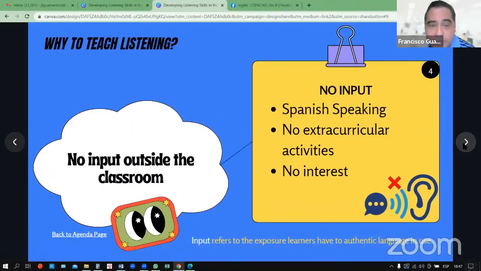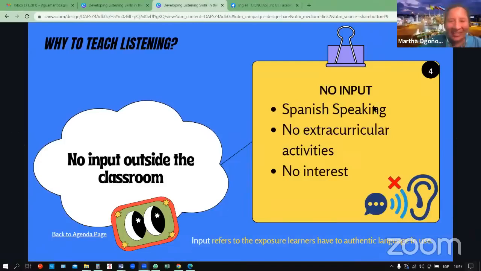Another reason why to teach English. That's the difference, when we have the opportunity at a congress to talk with our colleagues from private schools, the parents, when they pay, it's another thing.